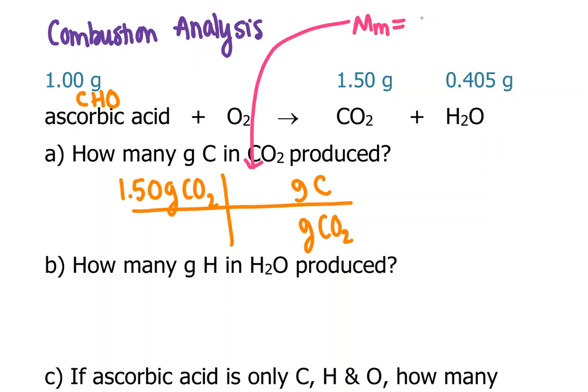The molar mass of CO2 is a 12 from the carbon plus 2 times 16 from the oxygen. And so the total is 44. Okay. And so that tells me that for every 44 grams of CO2, the whole thing, 12 of that came from carbon.